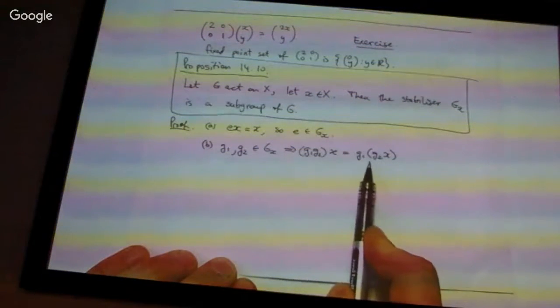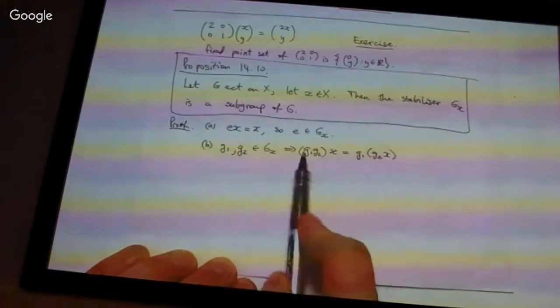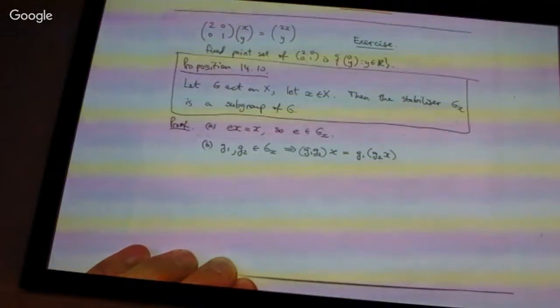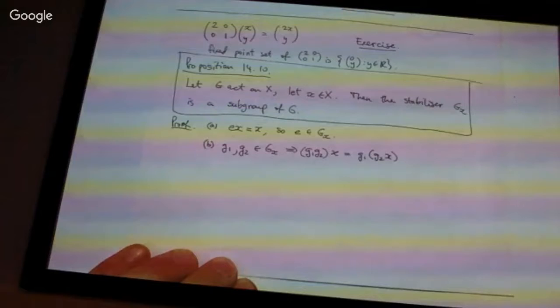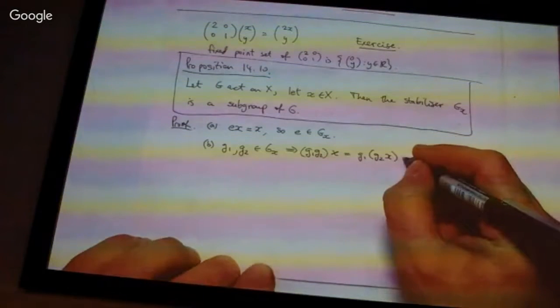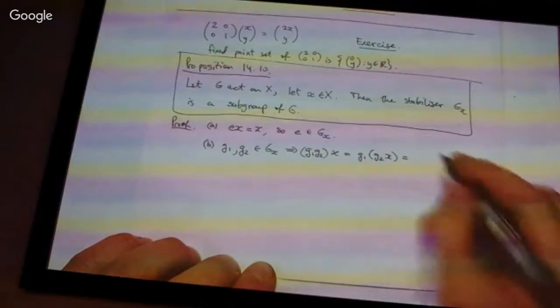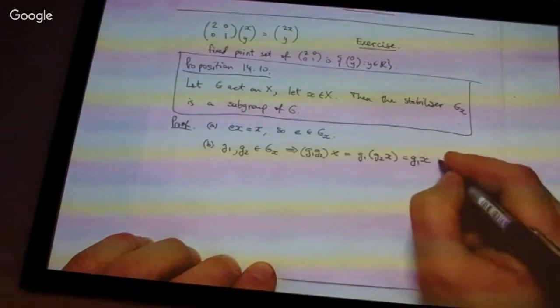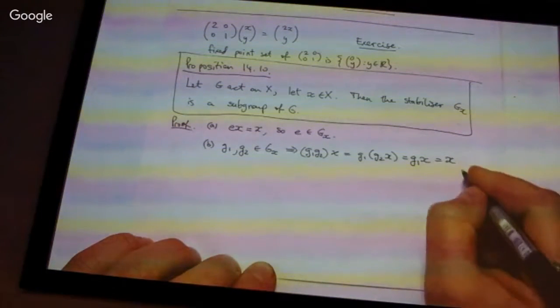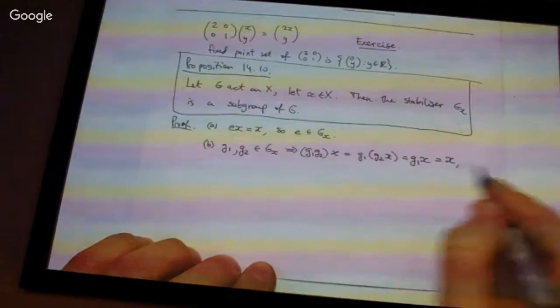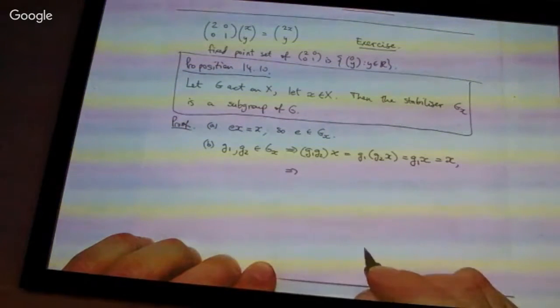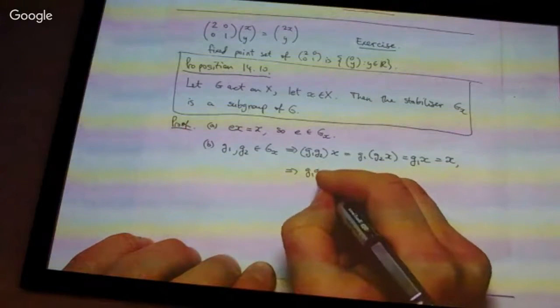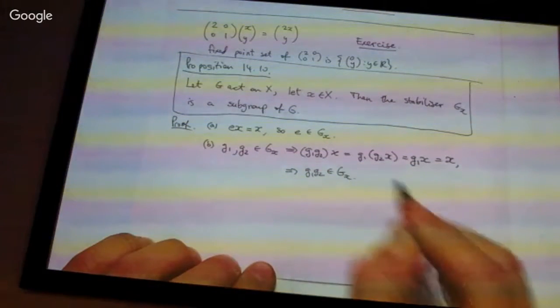That's g2 acting on the set X, whereas this is the group multiplication. So strictly speaking, different operations. But g2 stabilizes x, so this is the same as g1x, and g1 stabilizes x. So the product g1g2 is also in the stabilizer.